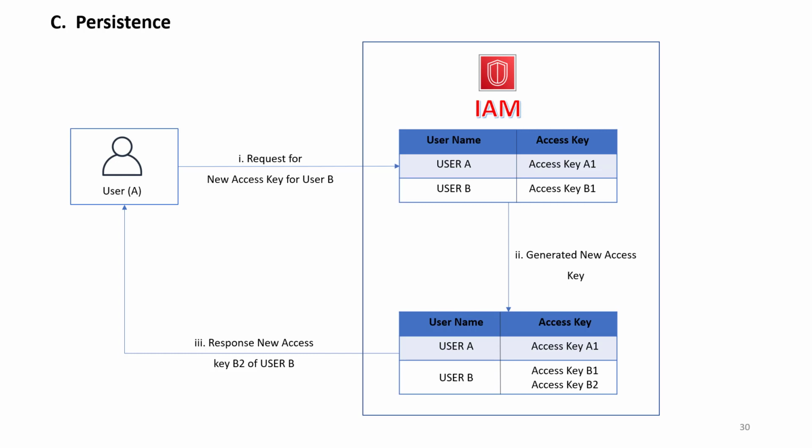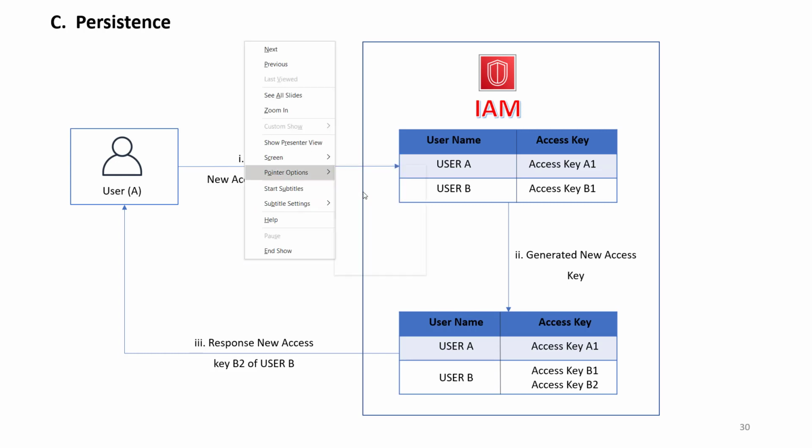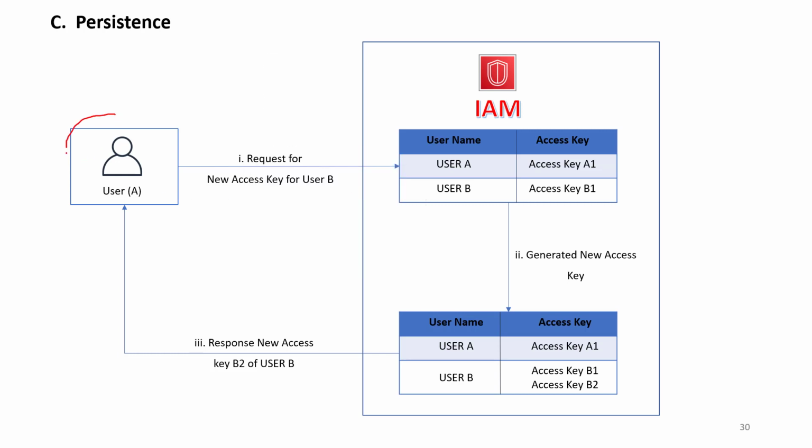So in this module, we will discuss how we can create a new access key for a user, and this access key will be used for creating a backdoor inside the AWS environment. You can see here in the diagram, suppose I compromise user A, which is a critical user or a root user, which has higher privilege and also has criticality for the organization, so they are continuously monitoring this one.